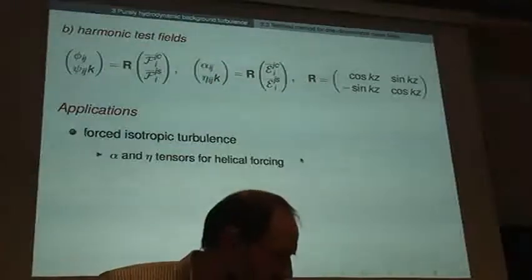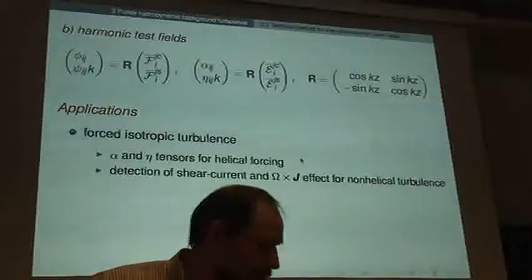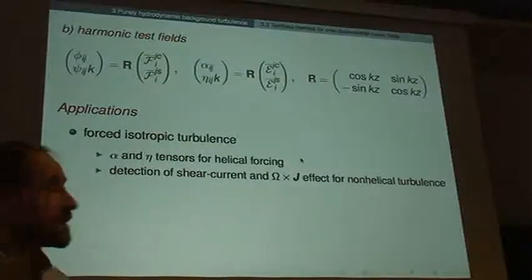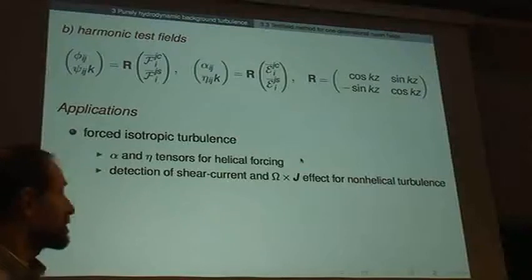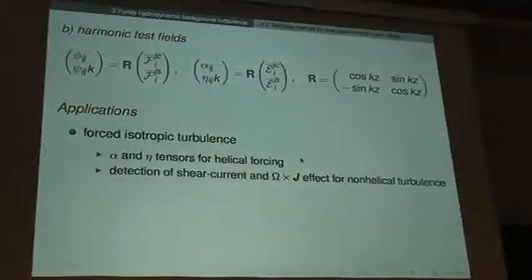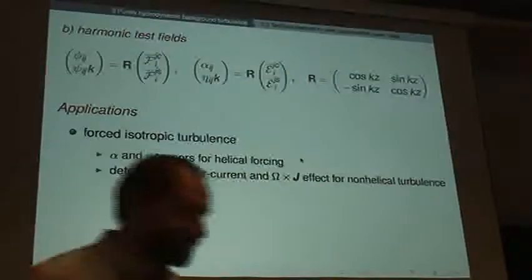Here alpha and eta tensors, of course, have been determined. The shear current effect and the omega cross J effect have been studied for non-helical turbulence, where you don't have alpha, but where you can nevertheless have, as a consequence of the shear current effect, still a dynamo.